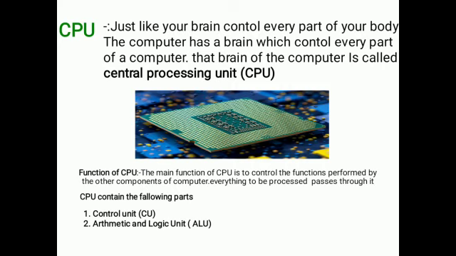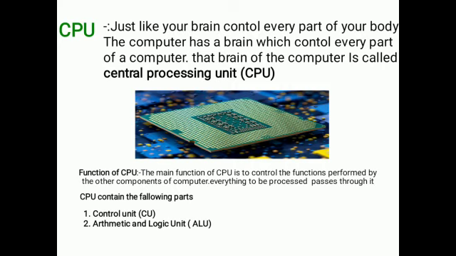The main function of the CPU is to control the functions performed by the other components of the computer. Everything to be processed passes through it. The CPU is used to process instructions, perform calculations and manage most of the operations.